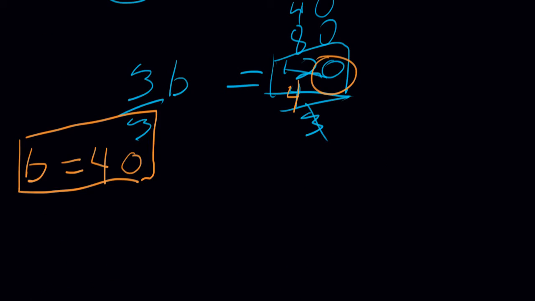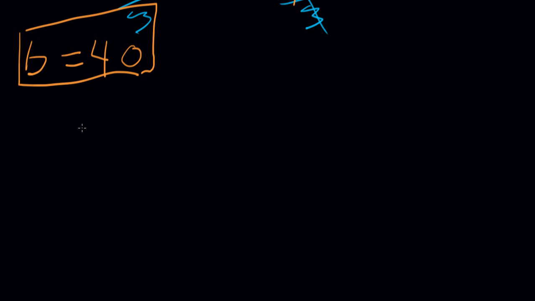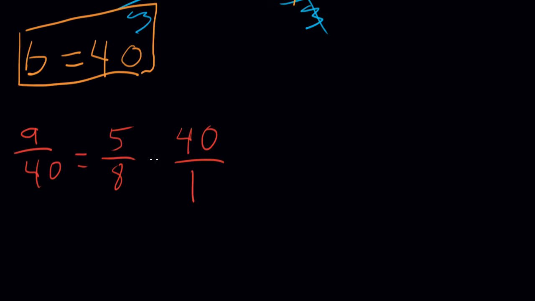Now I'm going to go back to those first two equations, and I'm going to substitute in to both of them. So I've got A divided by 40 equals 5/8. Well, this is pretty simple. I'm going to multiply both sides by 40 over 1.